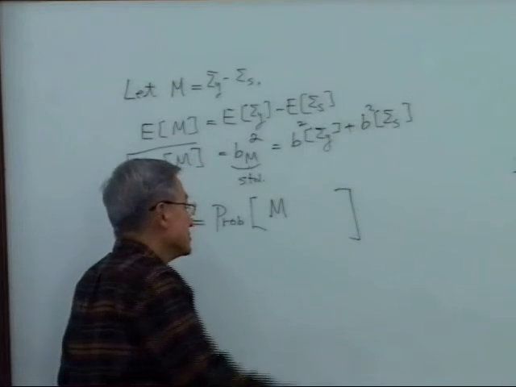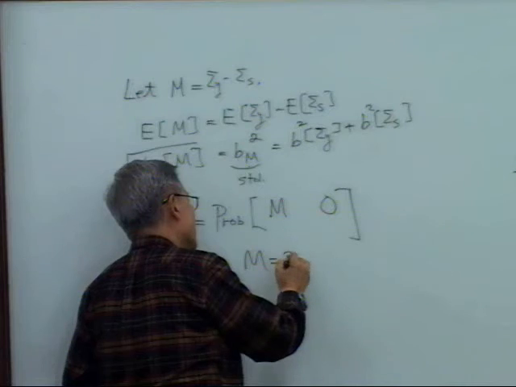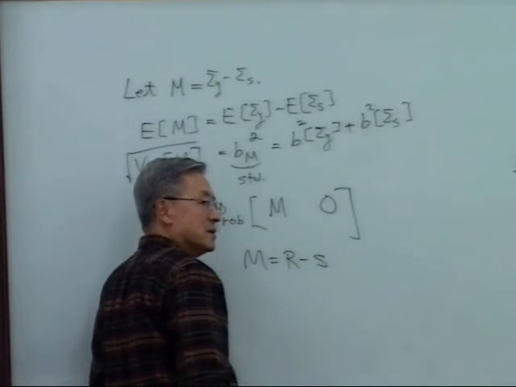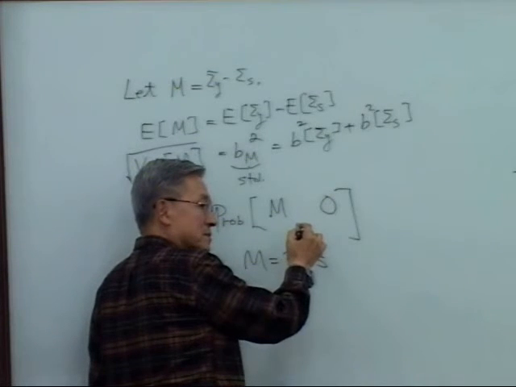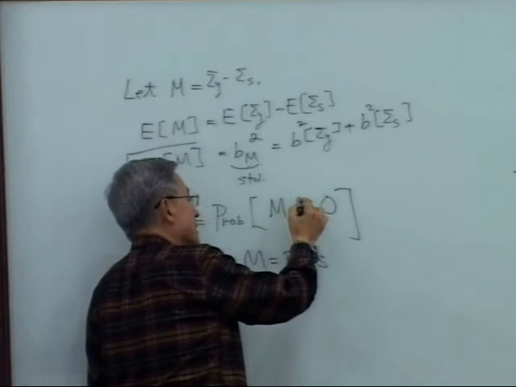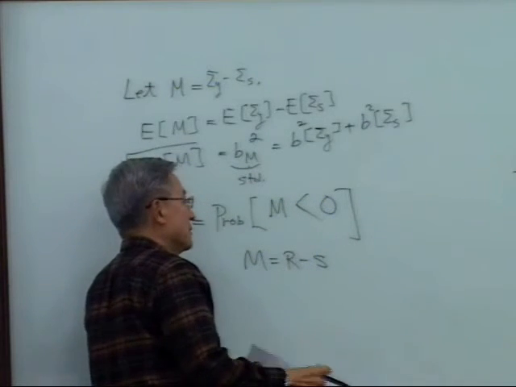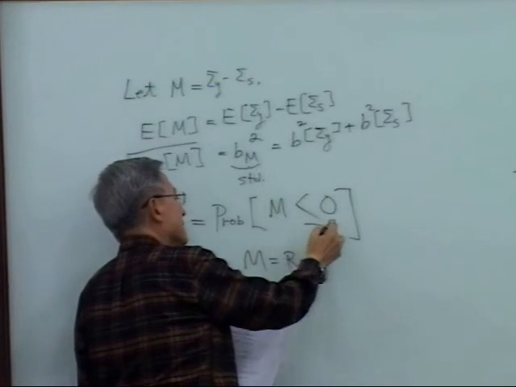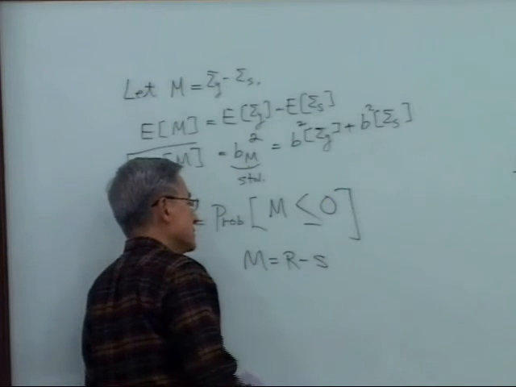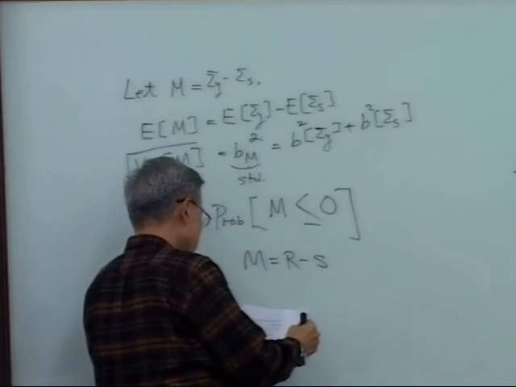M is equal to R minus S. M is less than 0. Less than or equal to 0, or less than 0? I think it's equal to 0, R minus S. R is less than S. Is it correct?